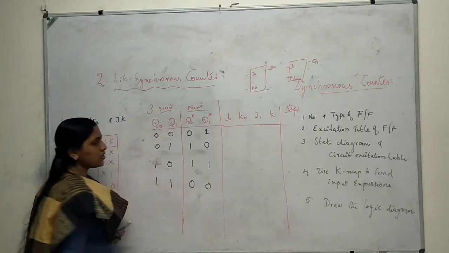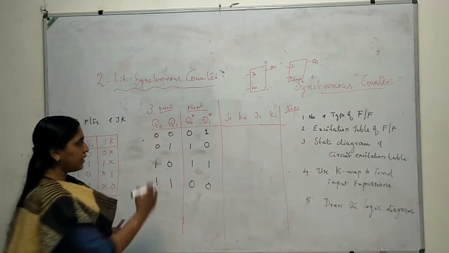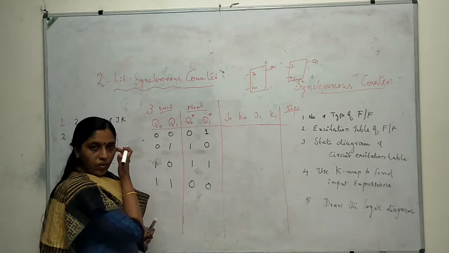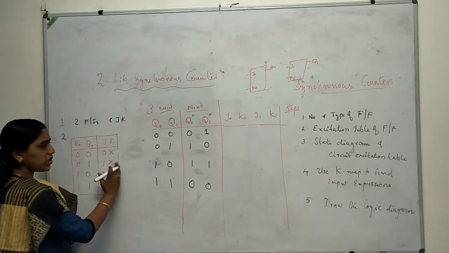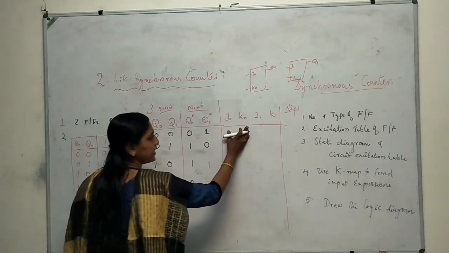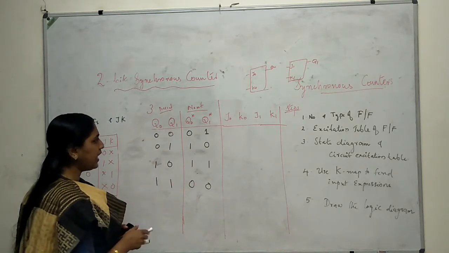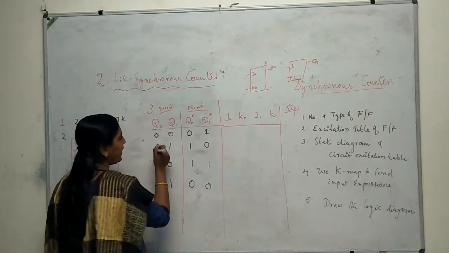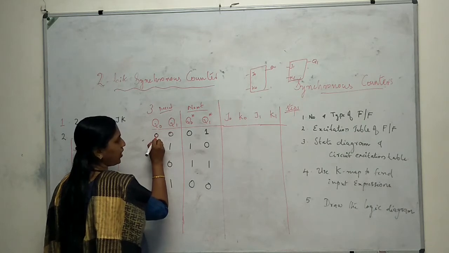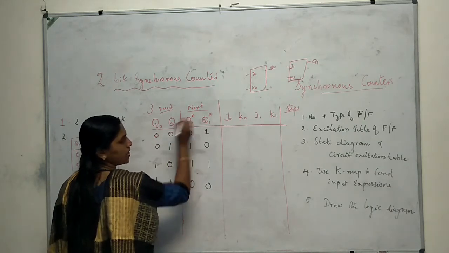So this is my present state and next state. Now, based on this excitation table, I have to fill J0, K0 and J1, K1. For that I'll take current state Q0 and the next state Q0 star.